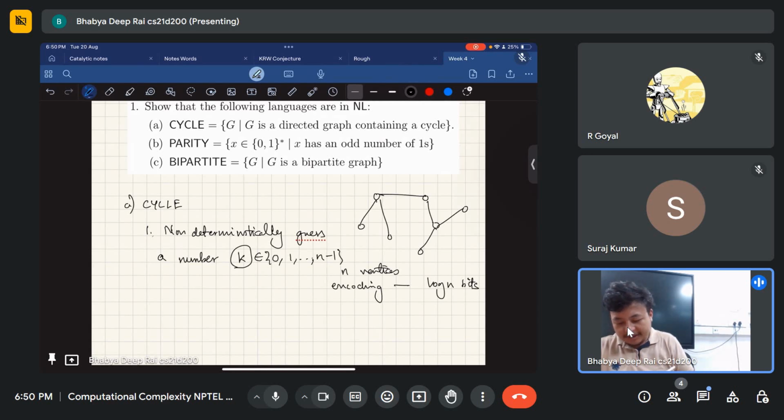So what I do is, for i in 1 to k, guess a vertex vi, non-deterministically again.